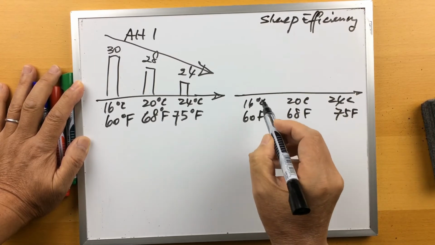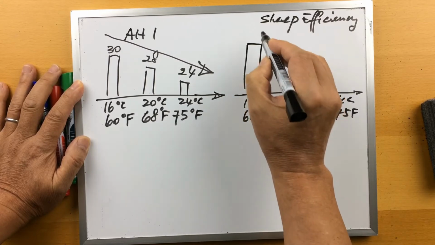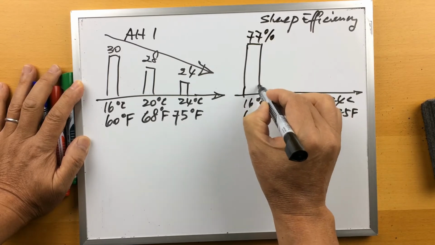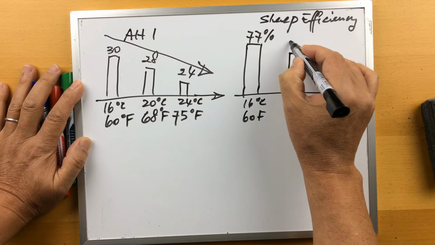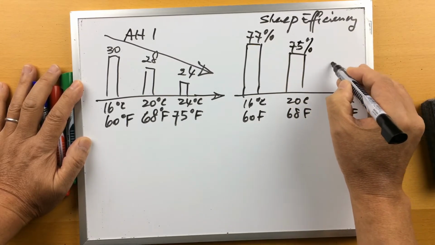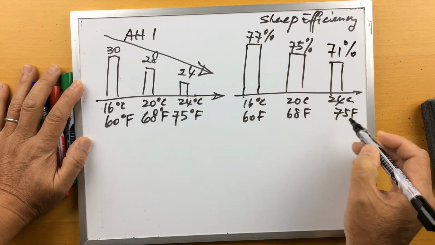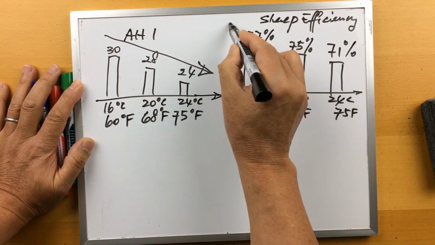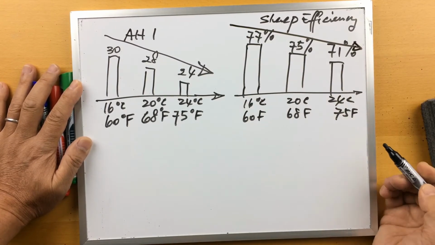For 16 degrees Celsius, it was 77%. For 20, it's 75%. And for this one, 71%. So basically, with the increasing temperature, the sleep efficiency also comes down.